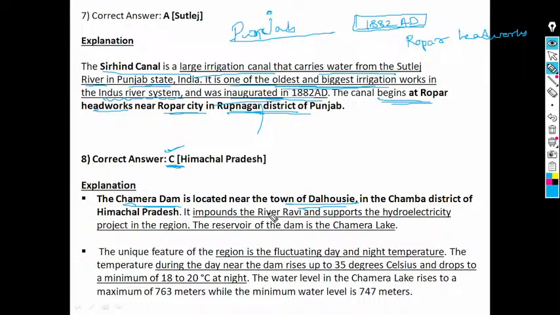It impounds the river Ravi and supports the hydroelectric project in the region. The reservoir of the dam is Chamera Lake.